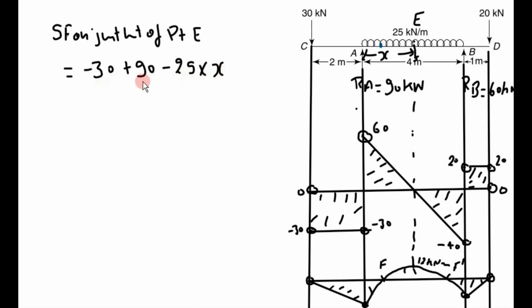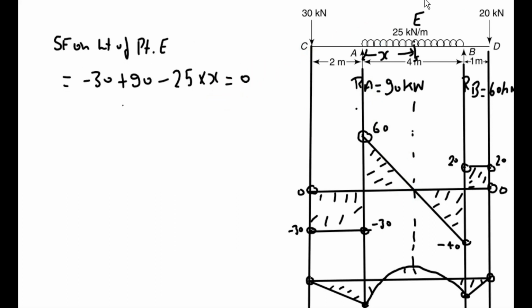Now this is the shear force on the left of point E. Now from this diagram, this shear force should be 0. Now put equal to 0 and find out the value of x. x is equal to 60 by 25. This comes out as 2.4 meter. So the position of maximum bending moment lies at 2.4 meter from point A.